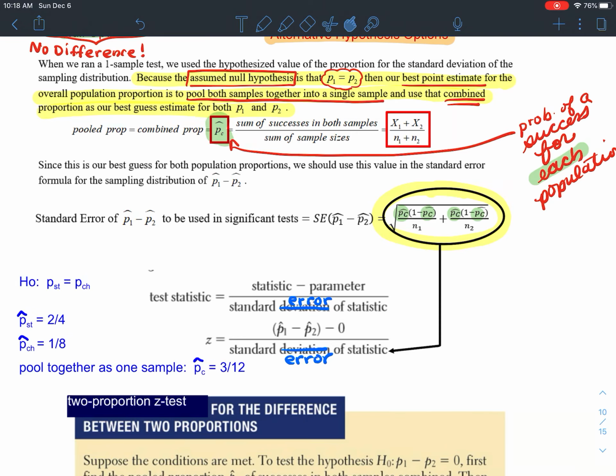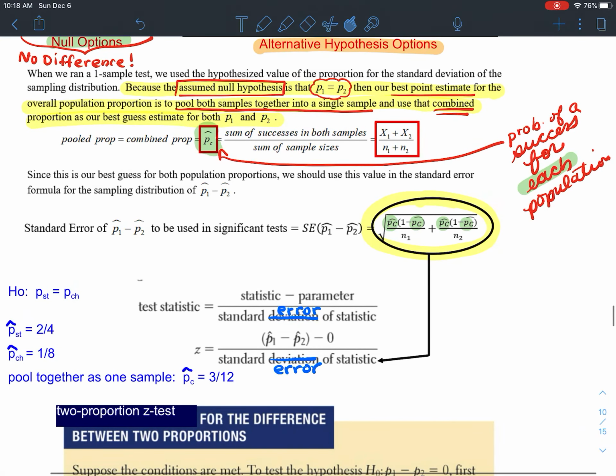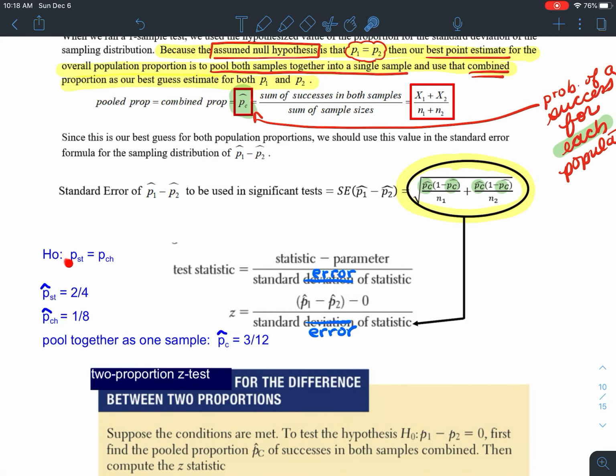So here's an example just to try to drive this home a little bit. Let's say that our null hypothesis was saying that the proportion of students who take AP statistics who get a 5 on the AP stats test is equal to, I'm going to change this sub here to CA, the proportion of students who are taking AP calculus who get a 5.